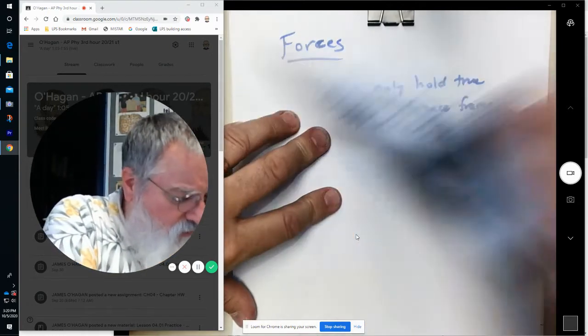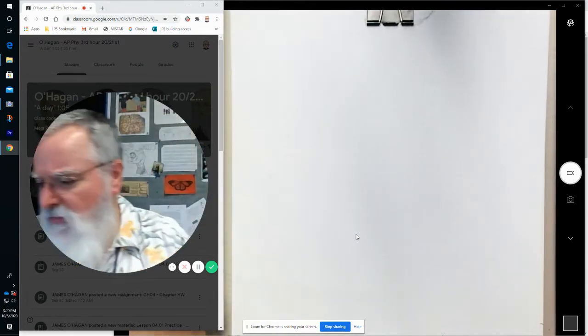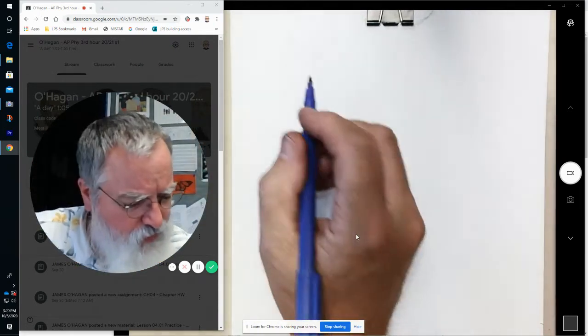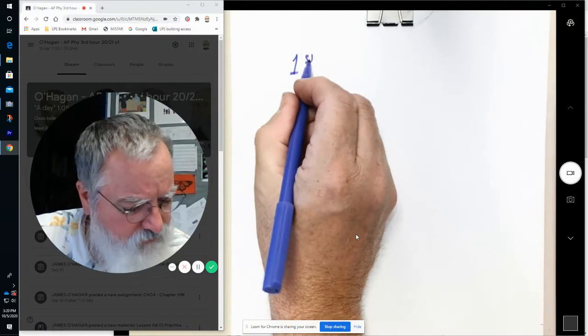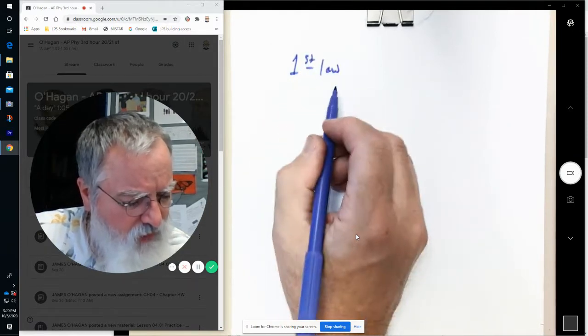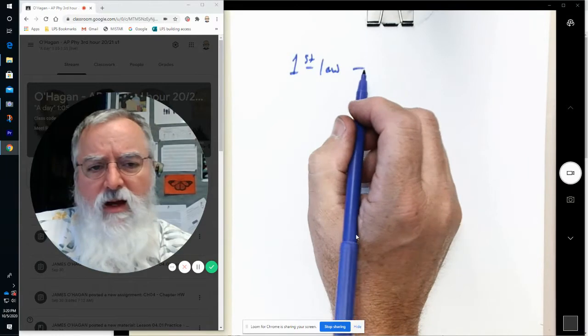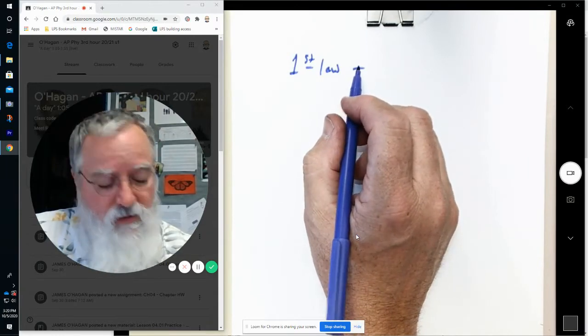Next thing. Let's talk about Newton's first law. A lot of words to this one.